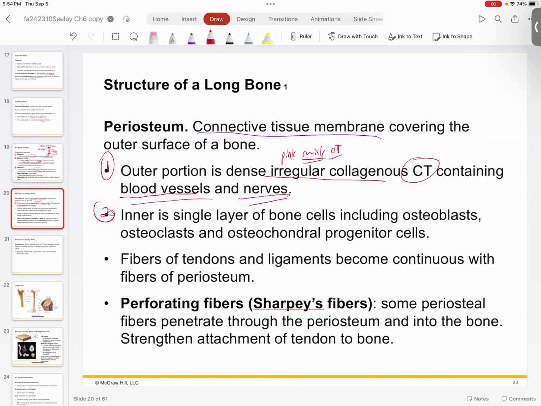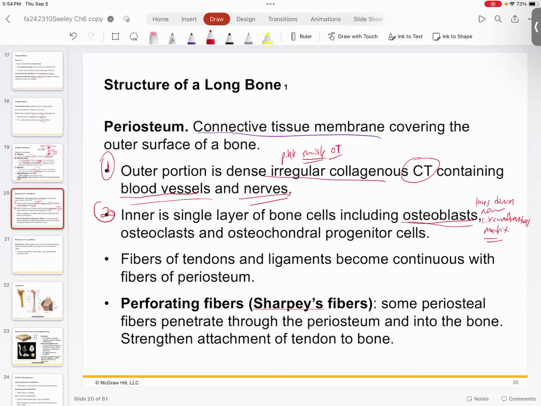The inner layer, which is the cellular layer, is going to contain a couple of things. First of all, it's going to have osteoblasts. That's to lay down new circumferential matrix.